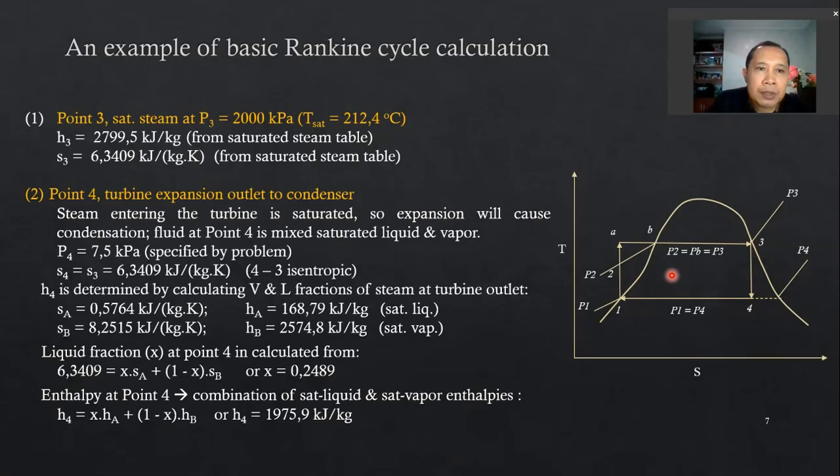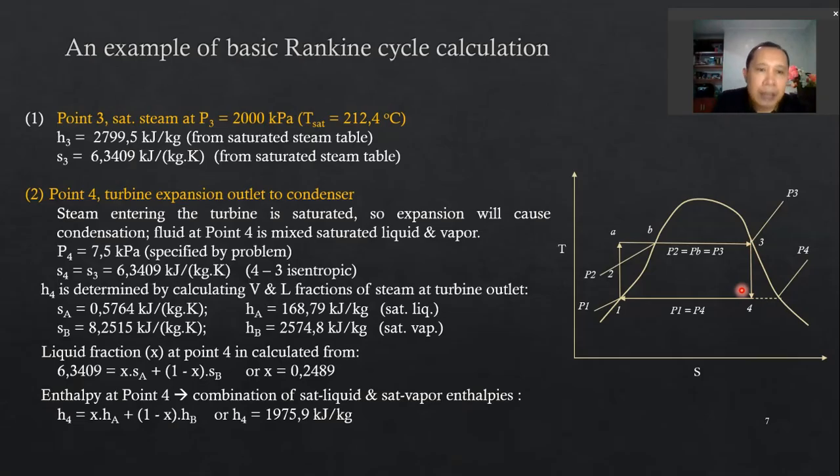Then we expand the saturated steam to point 4, the turbine outlet. Because the steam entering the turbine is saturated, expansion will always cause condensation. So you have a mixture of liquid and vapor here. To determine the thermodynamic condition at point 4, you can make use of the assumption that the expansion is done isentropically. The entropy at point 4 is a mixed entropy between the liquid and the vapor phase.